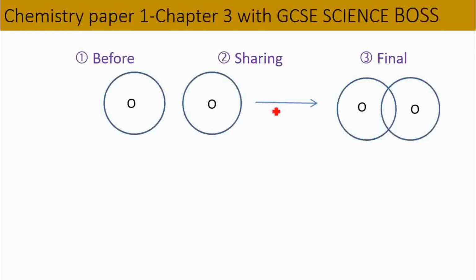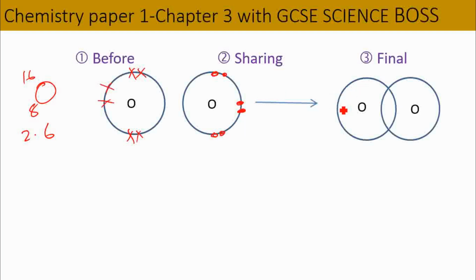Right. So now we're going to look at all the examples in the spec that you need to know. Okay. So when you think of oxygen, we're just using the outer shell only. So it's going to be 2, 6. So we're now going to have 6 on its outer shell.